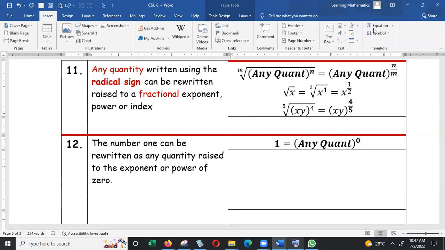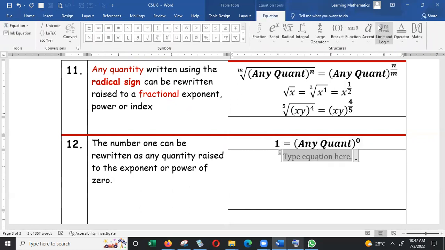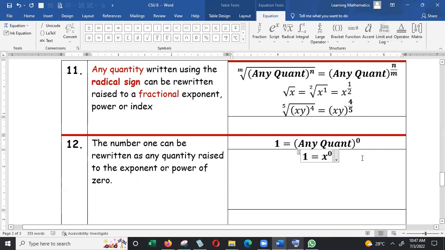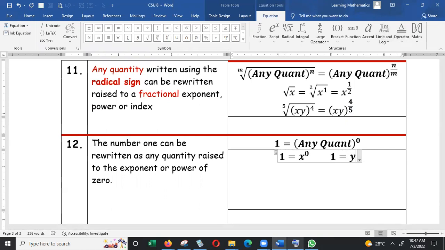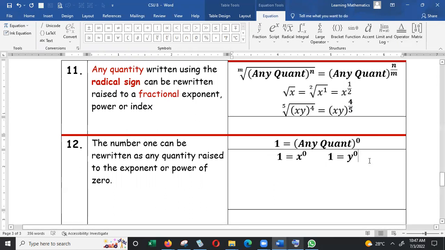So say, for example, you've got, let's say, 1. If you have a 1 and you have a certain situation, you might want to use the letter x, x raised to the power of 0. You can replace 1 with x raised to the 0. You can replace 1 with y raised to the power of 0. Okay.